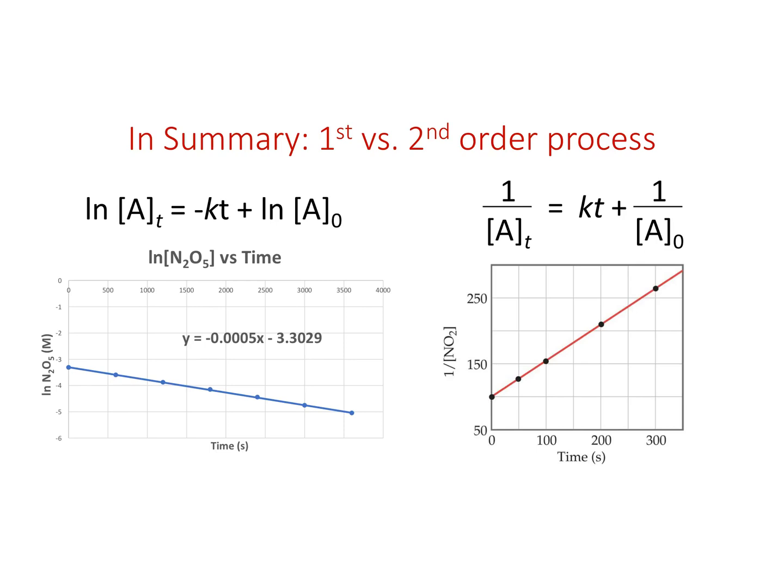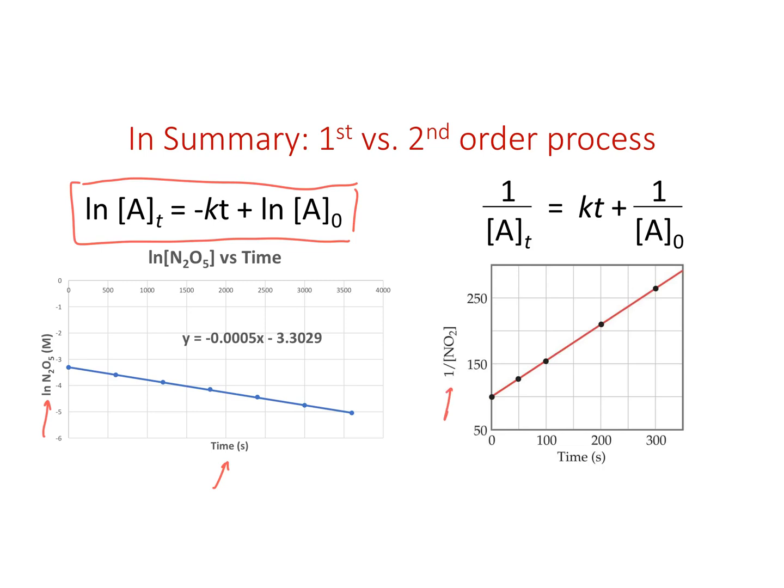The important things from today's lecture: you definitely need to be able to identify a first order and a second order process graphically, right? So if it's natural log of concentration versus time, that's a first order reaction. And know the associated integrated rate law for a first order reaction.